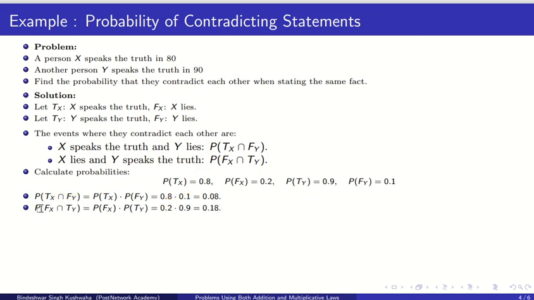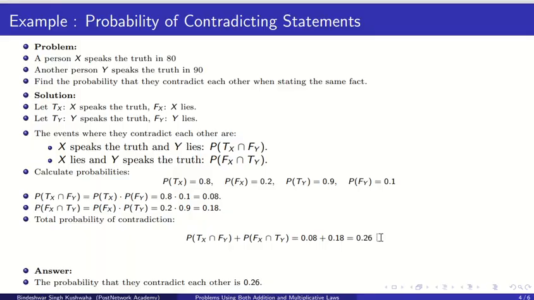And this one, P(FX) into P(TY), that would be equal to 0.18. Now the total probability of contradictions, this probability plus this one, would be 0.26. So the answer would be 0.26.